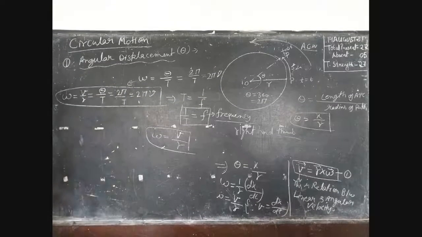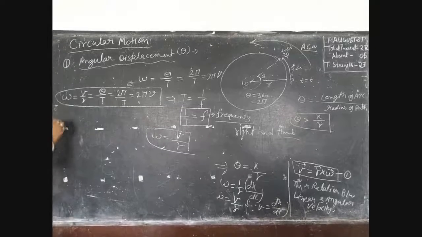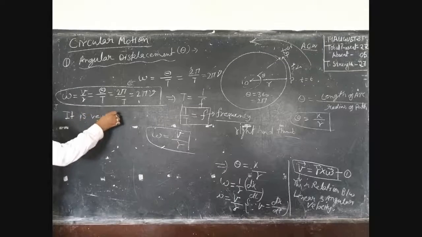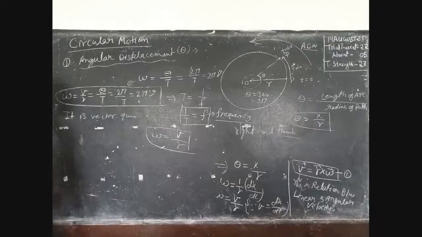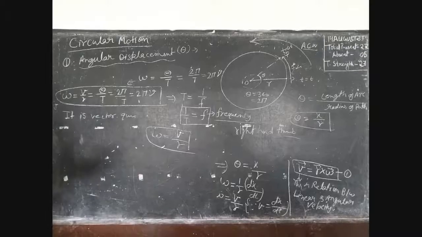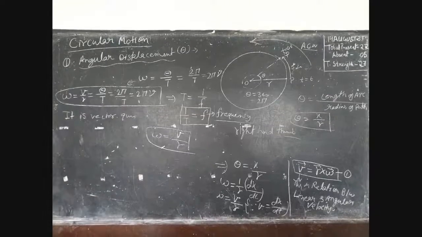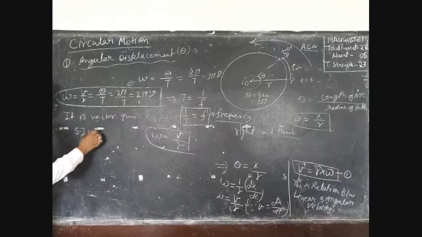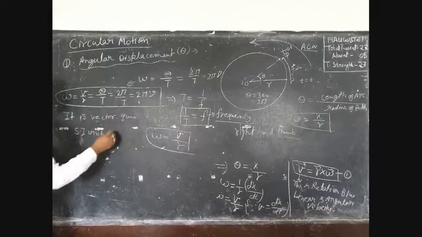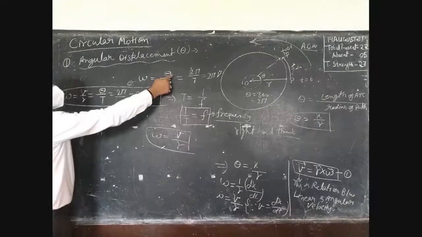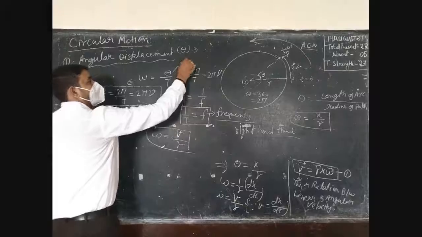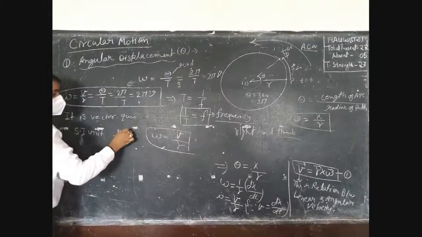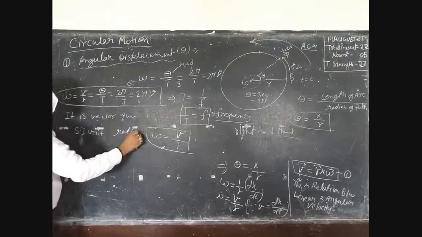Okay, now it is a vector quantity, whose direction is determined by the right hand thumb rule, and its SI unit is theta upon t, theta in radian and t in second, so it will be radian per second.